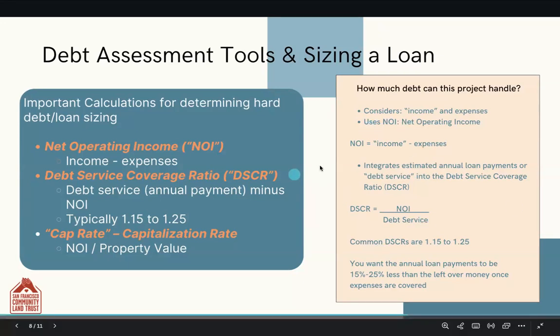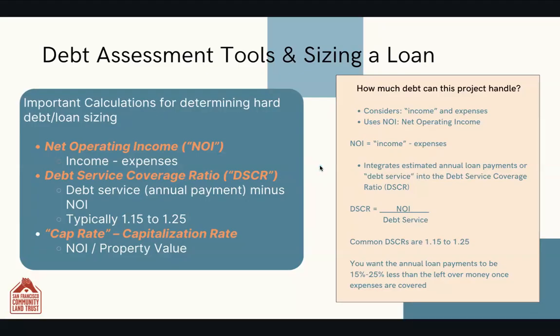So if we look to the table or the panel on the right here, the question is how much debt can this project handle? So first, we're going to come up with this number called the NOI, the net operating income. This is simply the income, which is the rents, minus the expenses, okay? And here, the expenses are not including the payments on the loans.